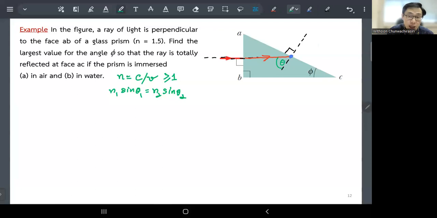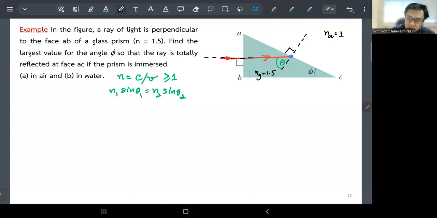And for the outgoing ray, you can guess in your head that you are coming from the glass out into the air. The glass has n glass of 1.5, and coming out into the air is 1, which we approximate to be 1. So you're going from a large n to a smaller n, which means you're going from a small angle to a larger angle.